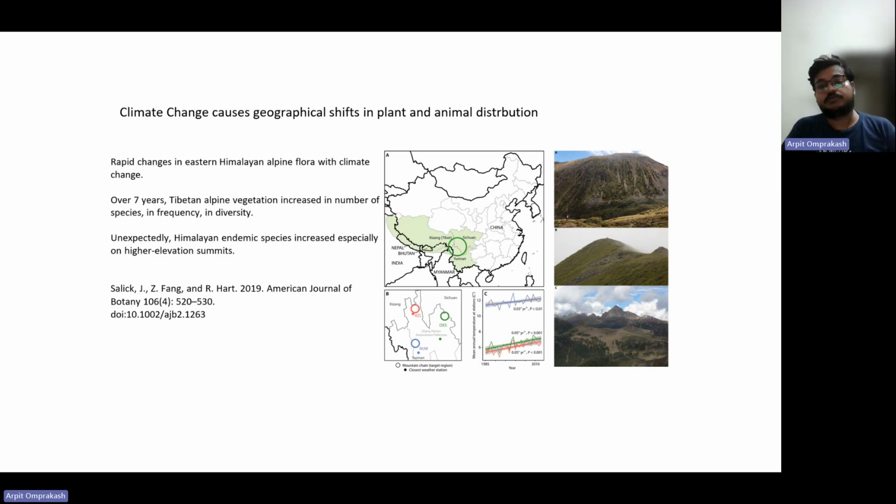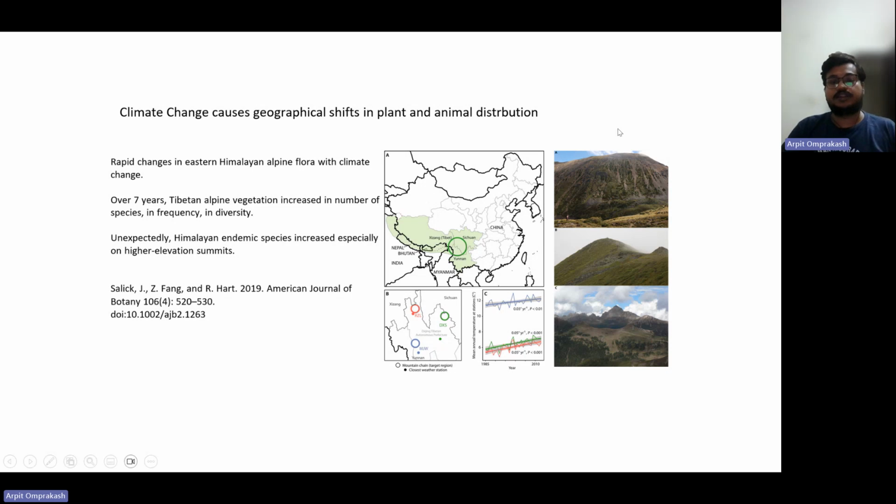And the plants which are endemic to this region are going to the top of the hills, because there's been warming and the top areas are colder than the lower areas, which are hotter. So because of that, they are trying to move up. And because of that, endemic species which already lived in the foot of the Himalayas started going up.